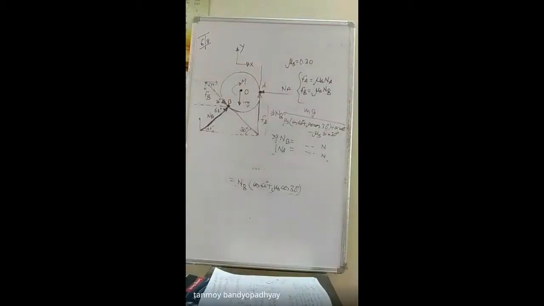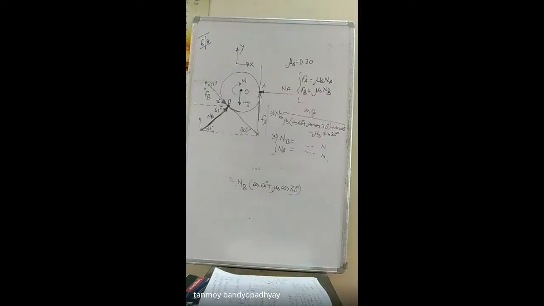NB equals to 312 Newton. কত আসছে? NB is equal to 312 Newton. Yes, sir. NB equal to 312 Newton.